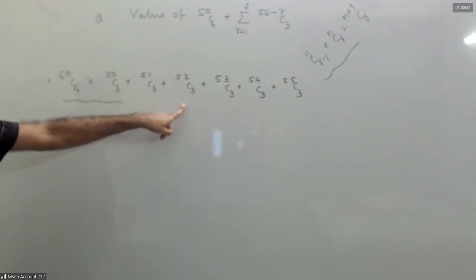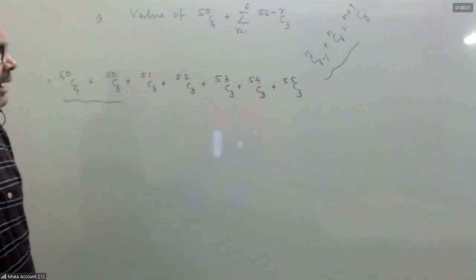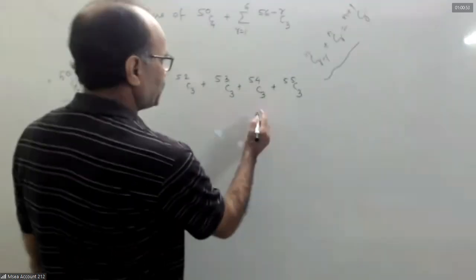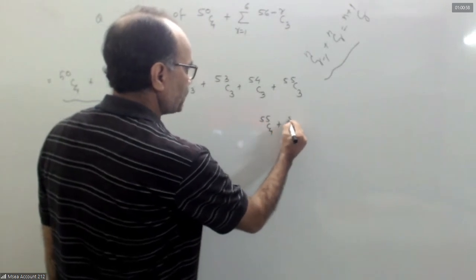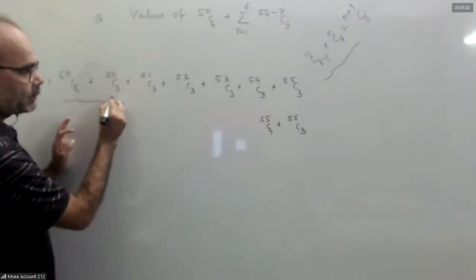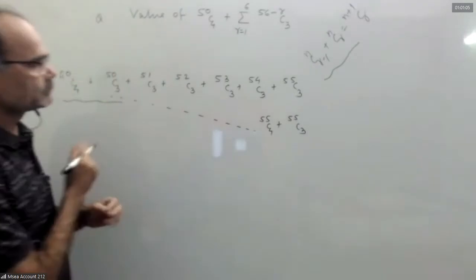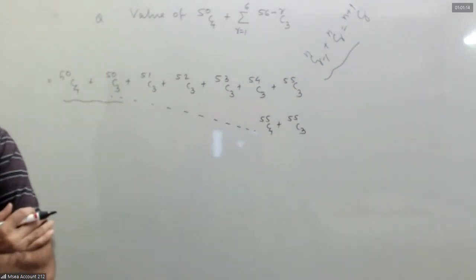So what is the answer? At the end, it will be 55C4 plus 55C3. After merging, keep on merging. What will be the answer? 56C4.